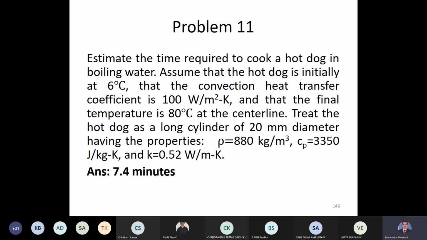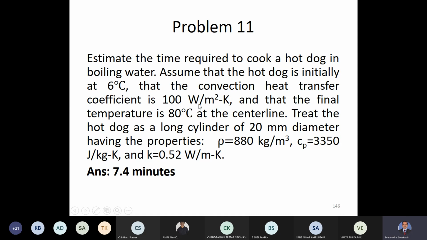For a hot dog dropped in boiling water, what's the boiling water temperature? We know it's 100 degrees Celsius. So when we drop this hot dog at 6 degrees Celsius in boiling water at 100 degrees Celsius, eventually, if you leave it for a long period of time, the entire hot dog will reach 100 degrees Celsius.